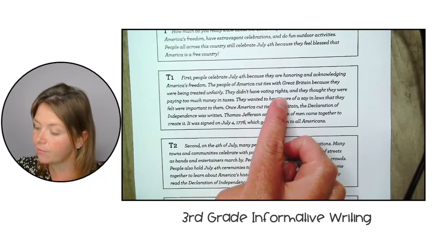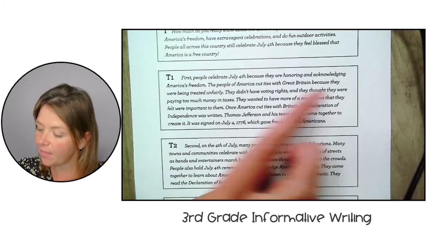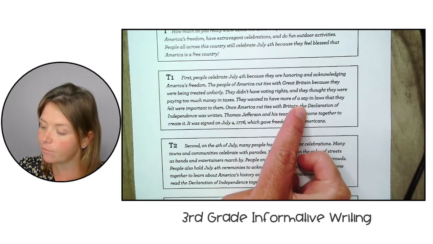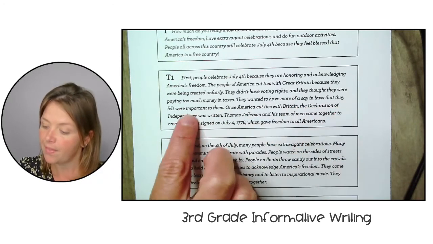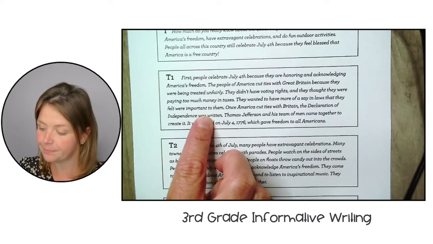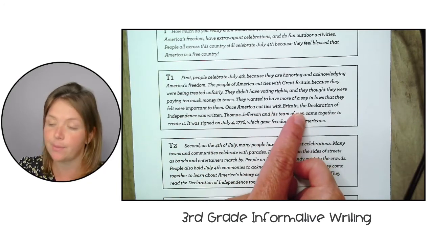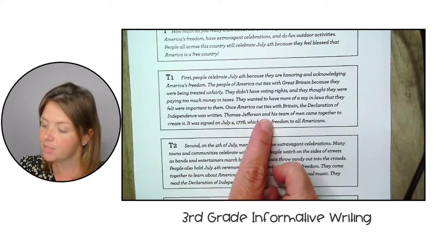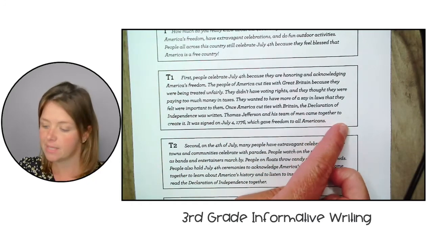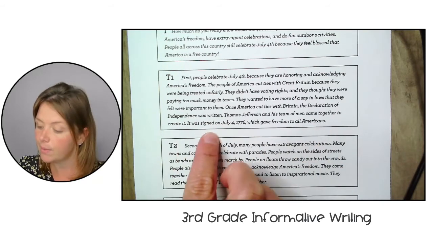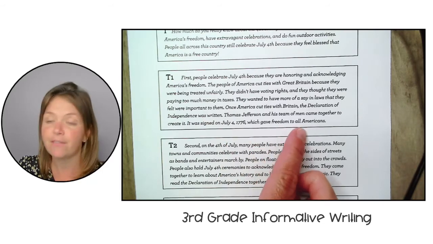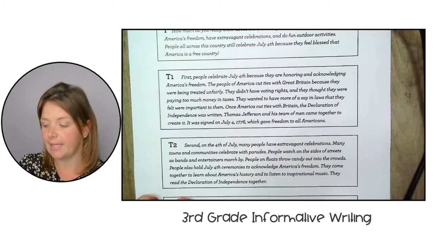They didn't have voting rights, and they thought they were paying too much money in taxes. They wanted to have more of a say in laws that they felt were important to them. Once America cut ties with Britain, the Declaration of Independence was written. Thomas Jefferson and his team of men came together to create it. It was signed on July 4th, 1776, which gave freedom to all Americans.